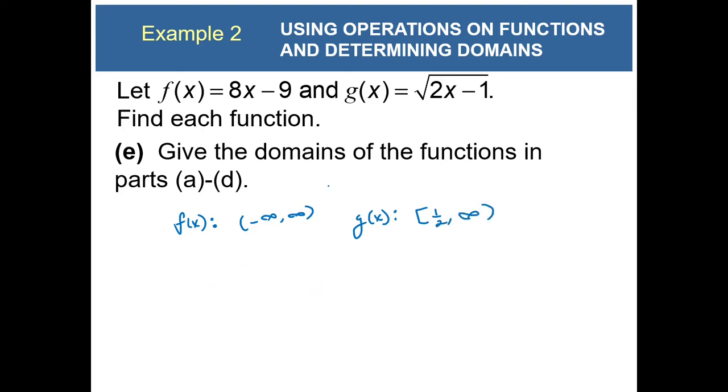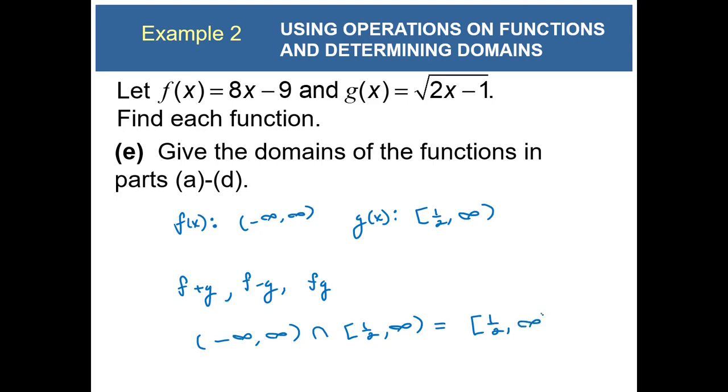So the domain of f plus g, f minus g, and f times g must be the intersection of negative infinity to infinity with 1/2 to infinity. And the intersection between these two intervals is just 1/2 to infinity. So this is now the domain of our functions.